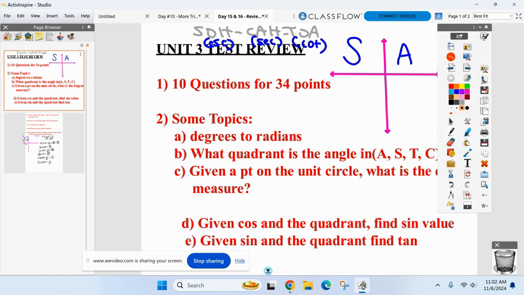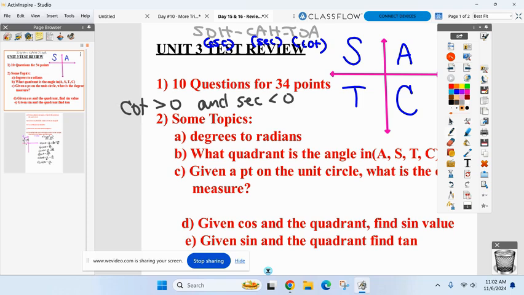All right, going back here, what's positive in the third? Tangent and cotangent. What's positive in the fourth? Cosine and secant. Now, I will probably give you a question that, look, you guys have seen this. Let me do this. Cotangent is greater than 0, and secant is less than 0. What quadrant am I in? I will definitely do something like that tomorrow.